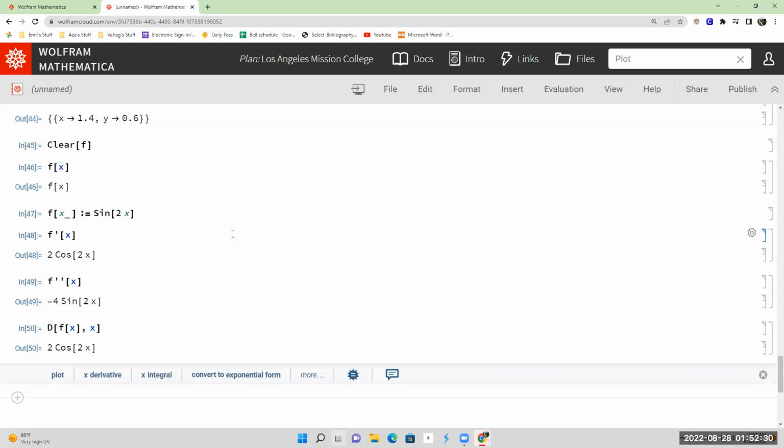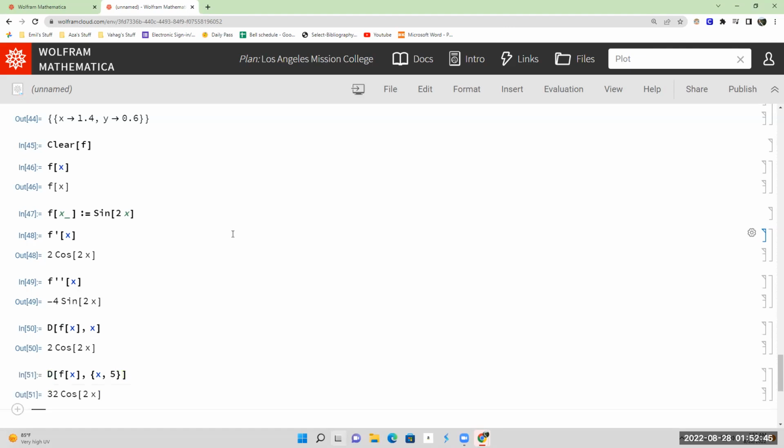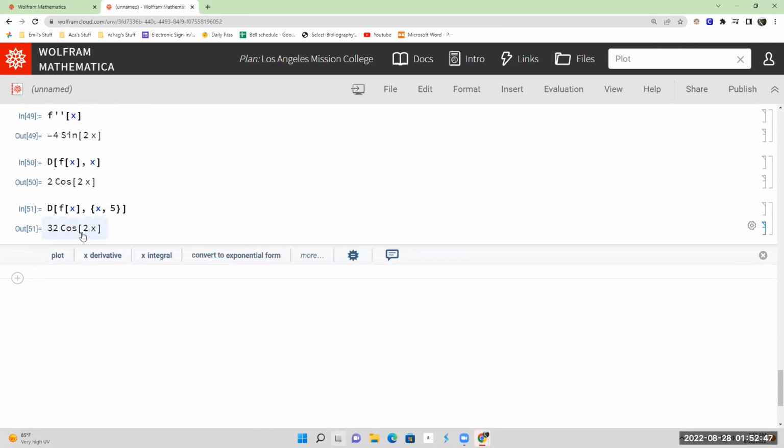But if you want to take the second derivative, what you do is you again enter f of x, and now instead of just x, you put in curly braces that you want to take the derivative with respect to x, and then let's say you want to take the fifth derivative, you enter the 5, and that way you get the fifth derivative of f of x with respect to x. So that's how you would go ahead and do that.